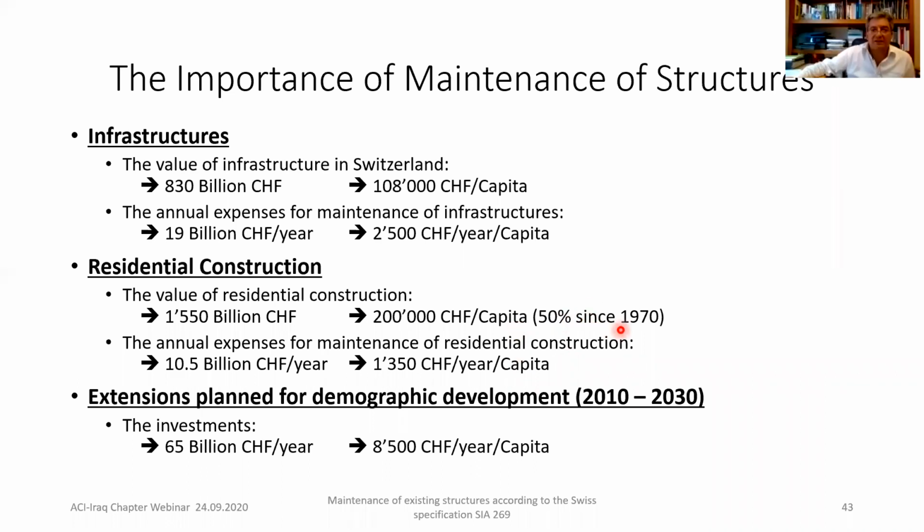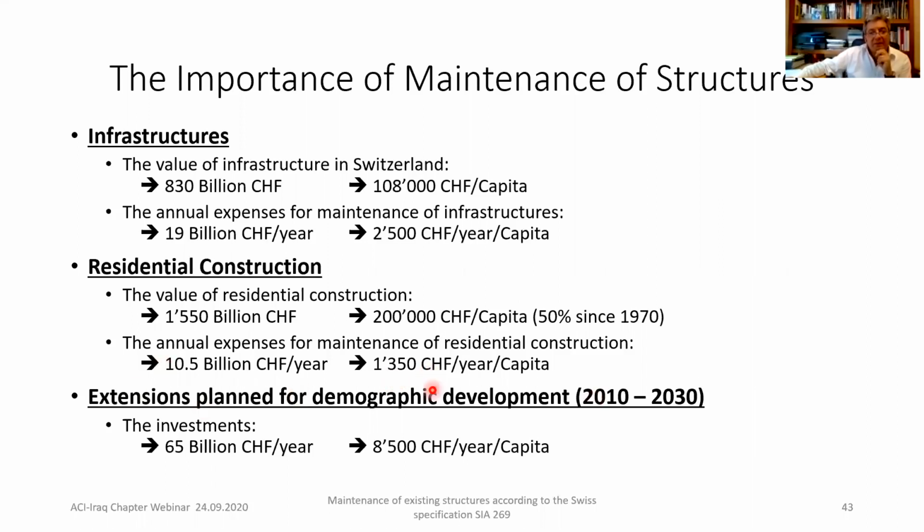50% of that since 1970, because of the huge economic boom here. And if we talk about annual maintenance for residential construction, it is 10 and a half billion each year. That means per year 1,350 for each one.